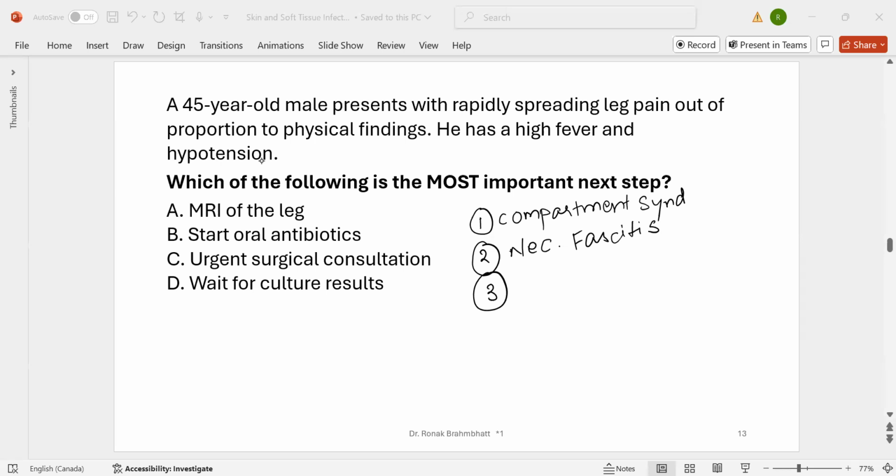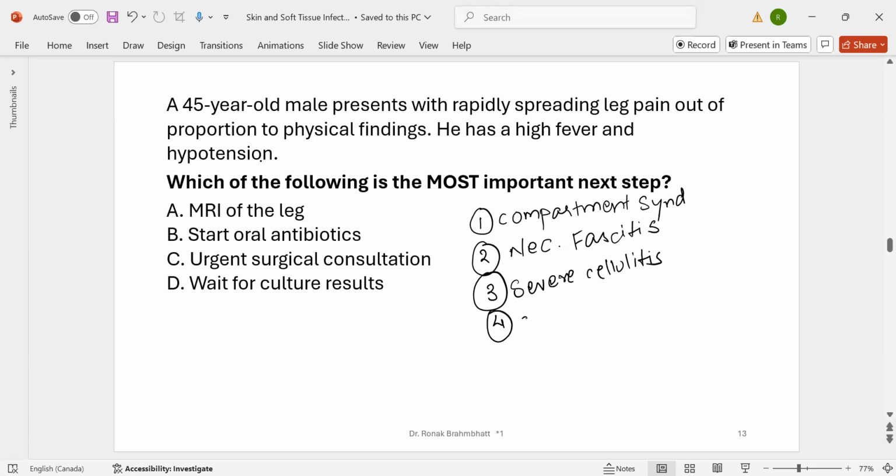Okay. Let's say cellulitis, but cellulitis which is not simple. All right. So it is severe cellulitis. What else? Sepsis. Okay.